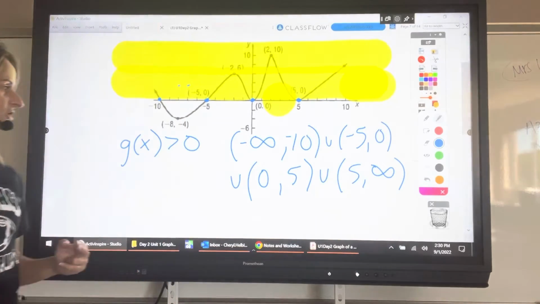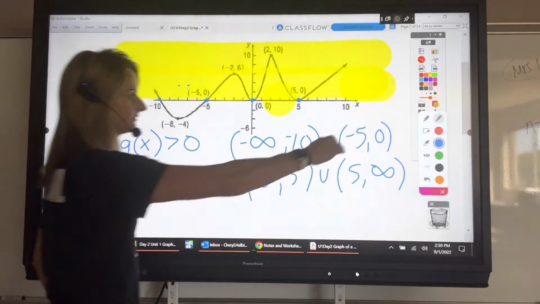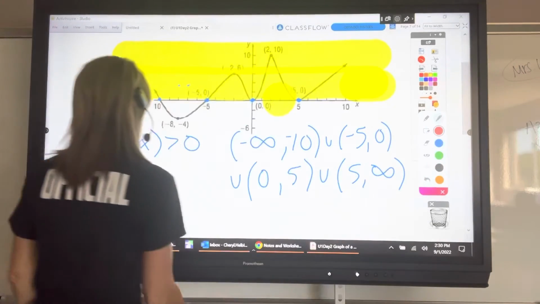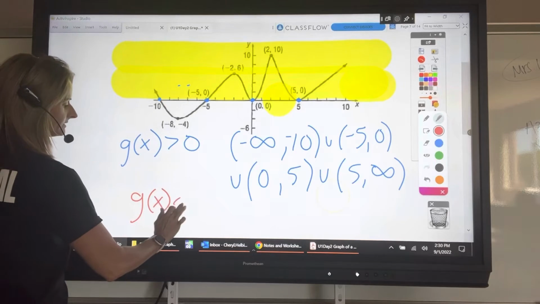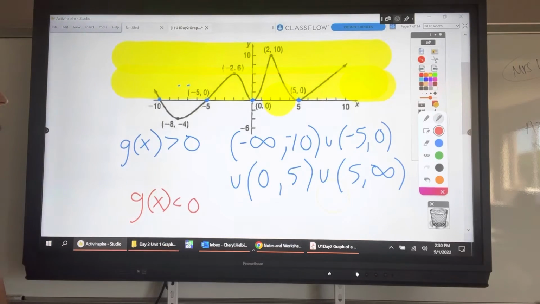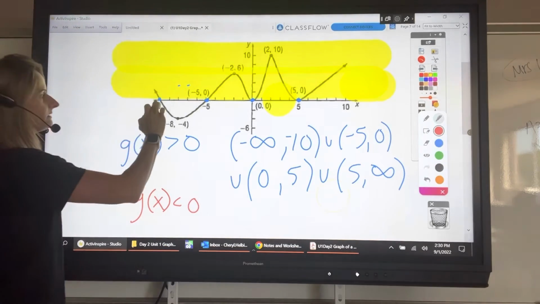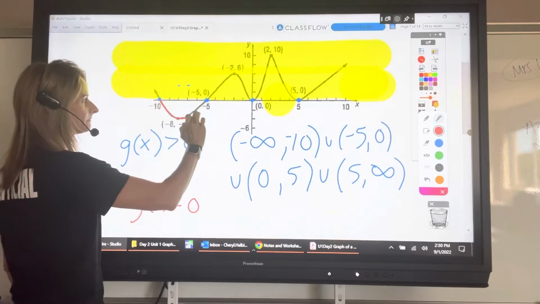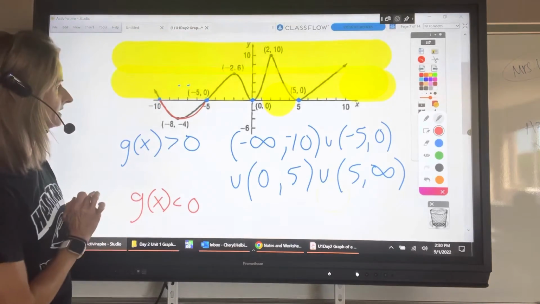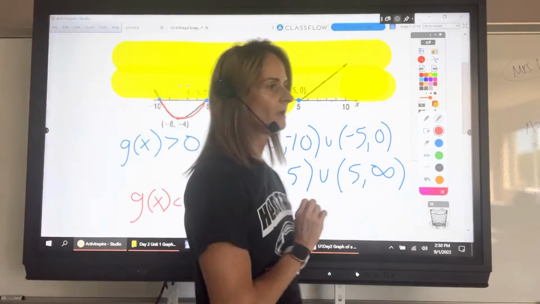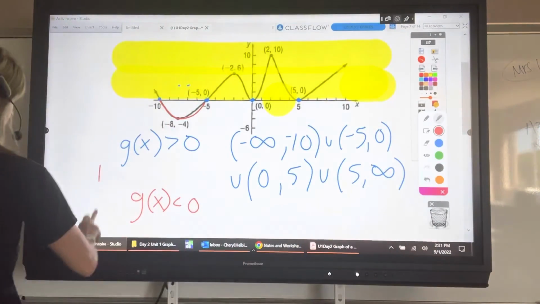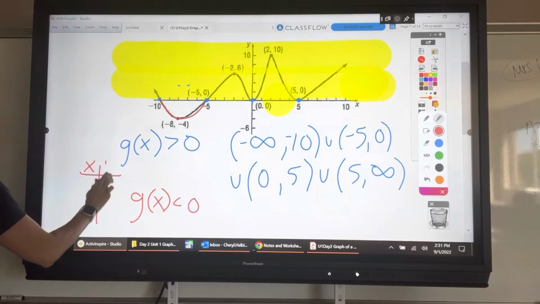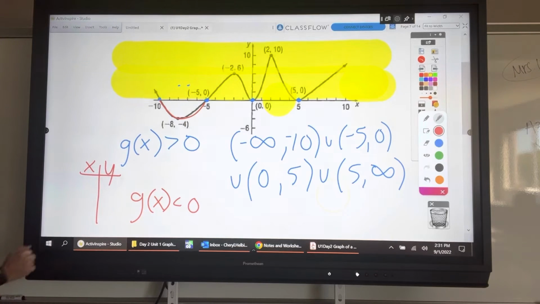If the question said, in a different color, g of x is less than 0, we would need this interval, and that's it. All those points, if I were to make an XY chart, would have a negative y value, right?